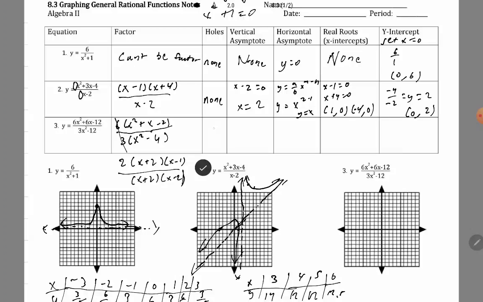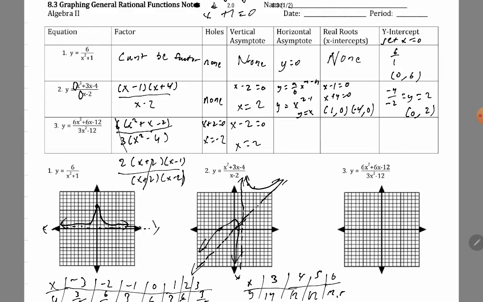Okay, holes. So these cancel, so that's where our hole is at, x plus 2 equals 0. So x equals negative 2, that's our hole. We have a vertical asymptote, so the denominator equals 0 and it's not equal to any holes. So we have x minus 2 equals 0, so x equals 2.